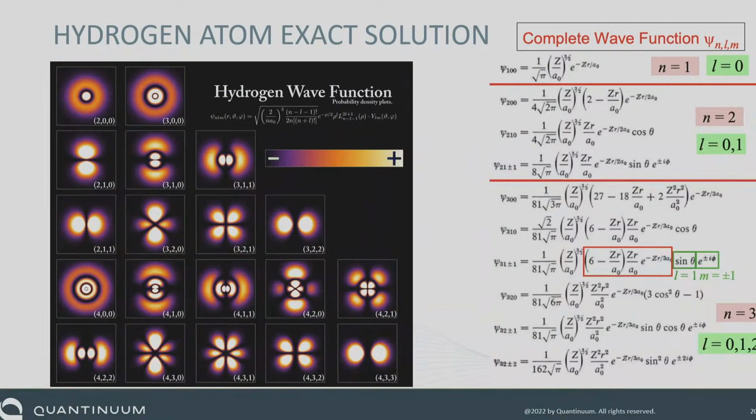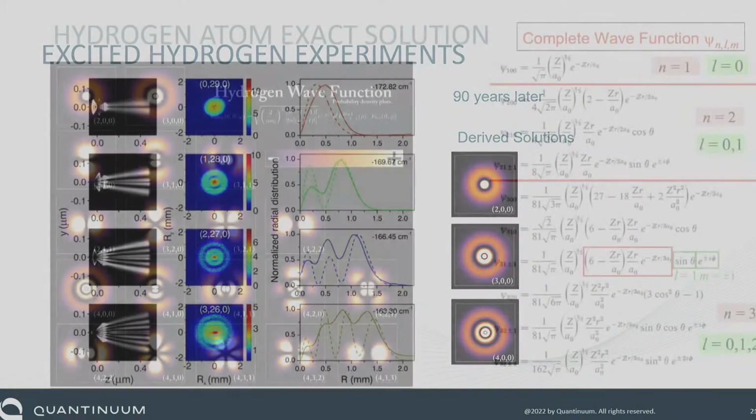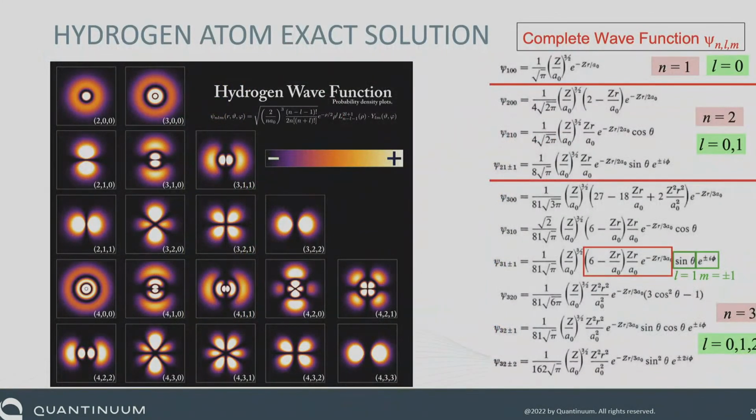Okay, so that's a totally symmetric solution. You can see here we have psi 1, 0, 0. This is just parameterized by this. You can see this is just a radial exponential, an exponential parameterized by the radius. So this is a spherically symmetric 3D thing, or a sphere, basically.